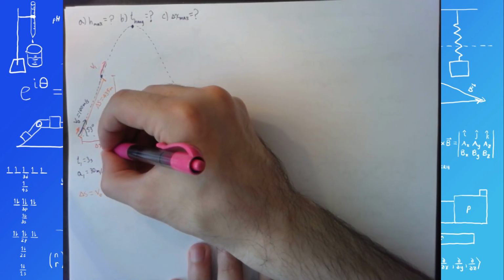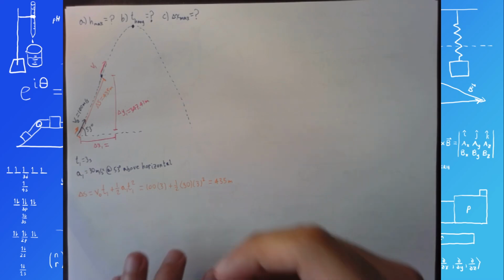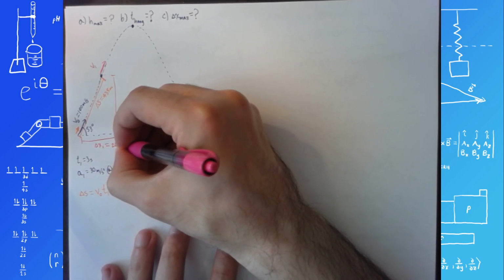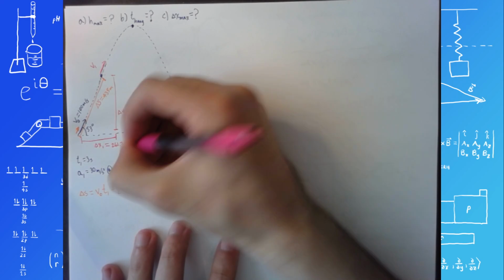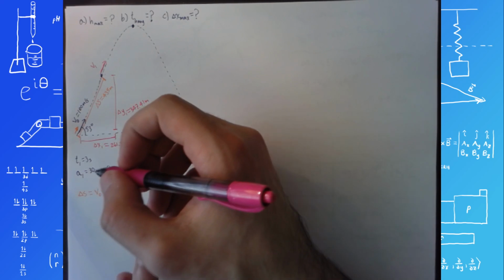And might as well calculate delta x1 while we're here. 435 cosine of 53 gives me 261.789. I'm going to say 261.79 meters. Okay, and let's figure out v1. We can just use the first equation of kinematics for that.